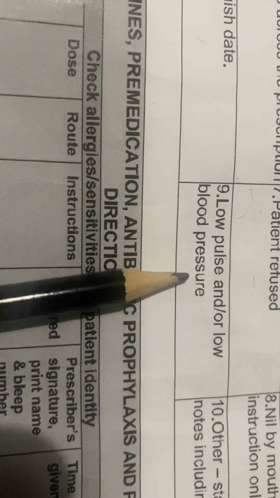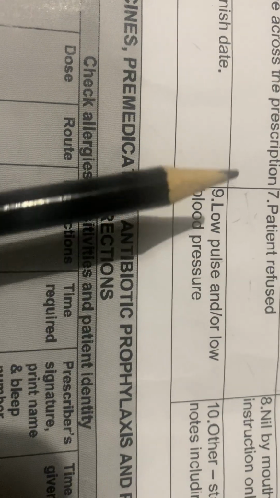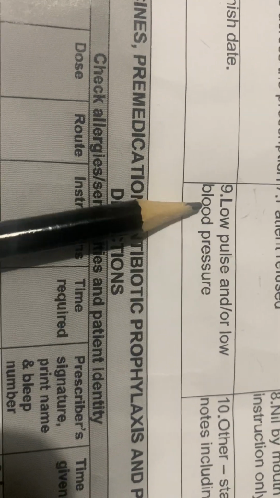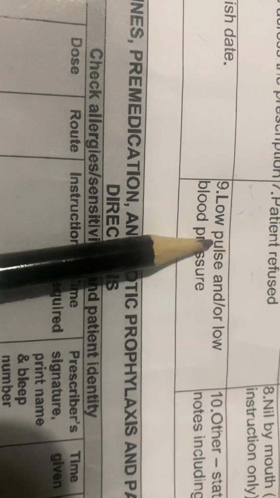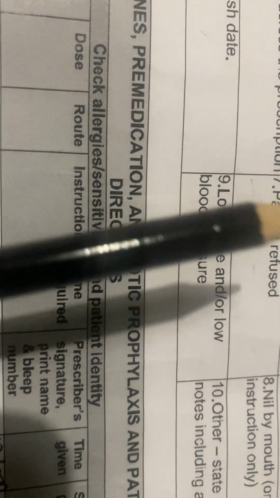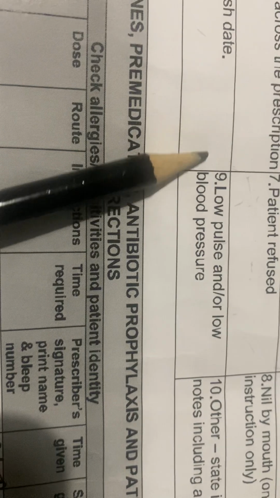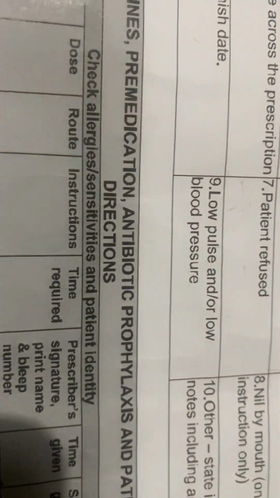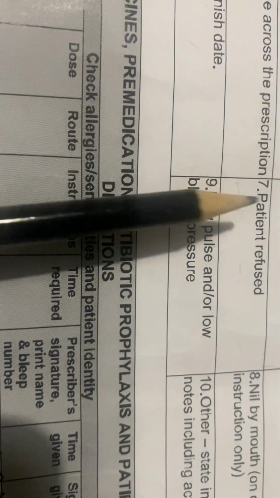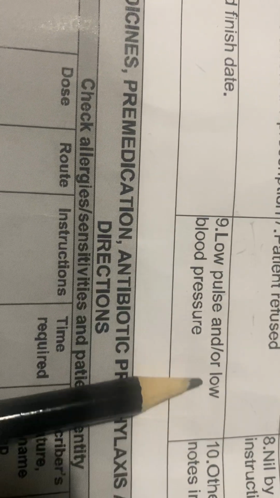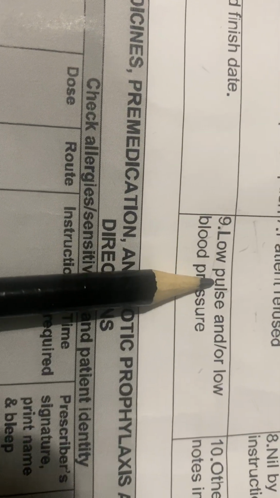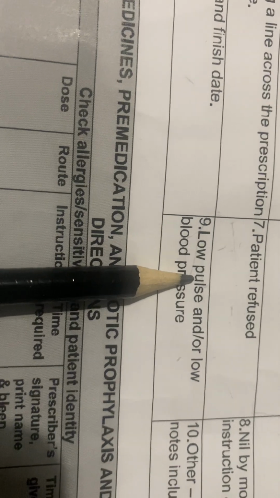When you are administering any medication that is under blood pressure and pulse regulatory medication, you're supposed to ask the assessor, please, what is my patient's blood pressure level and then pulse rate. So guys, for example, you cannot administer digoxin if your patient's pulse rate is less than 60.